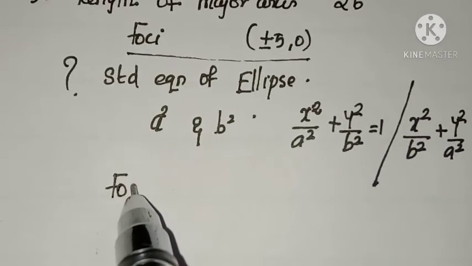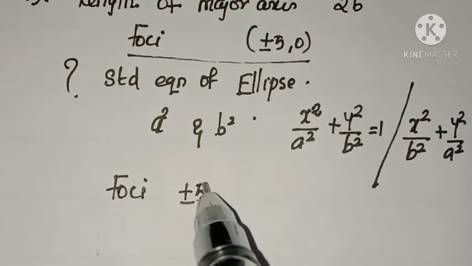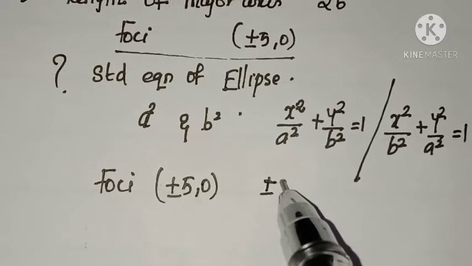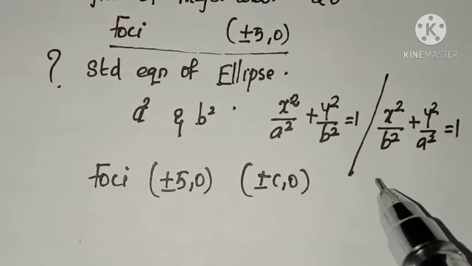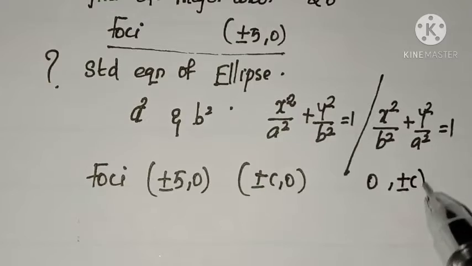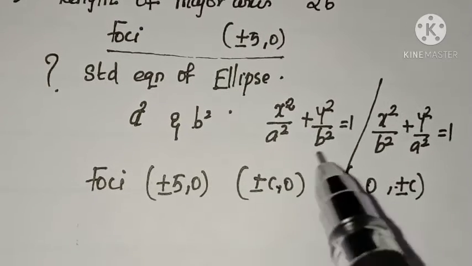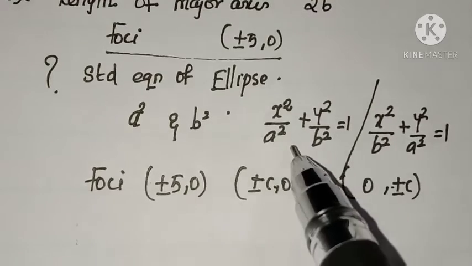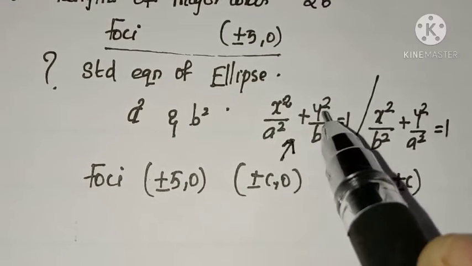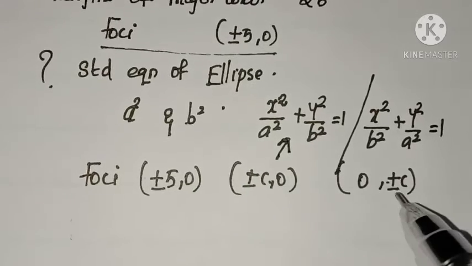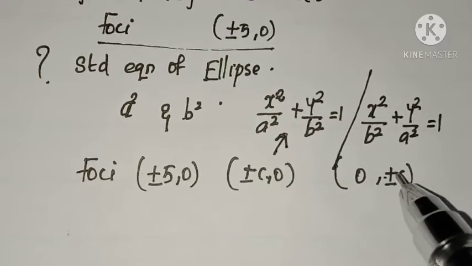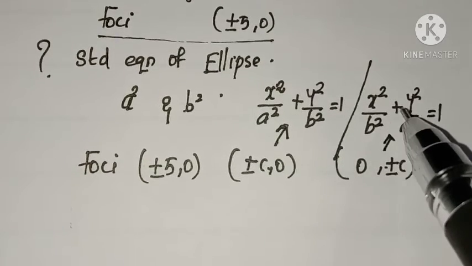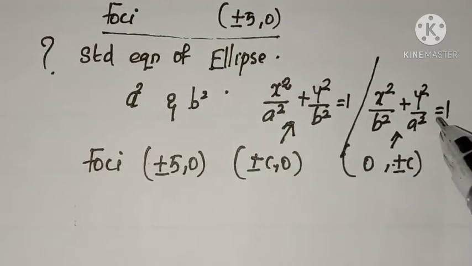Foci is given, plus or minus 5, 0. So, plus or minus c, 0 and 0, plus or minus c. These are the possible foci of these two ellipses. If foci is of the form plus or minus c, 0, then the equation is the first one. If foci is 0, plus or minus c, then the equation is x square by b square plus y square by a square equal to 1.